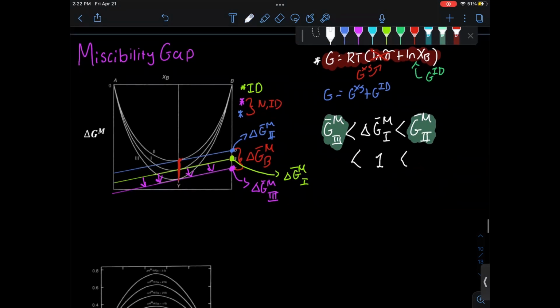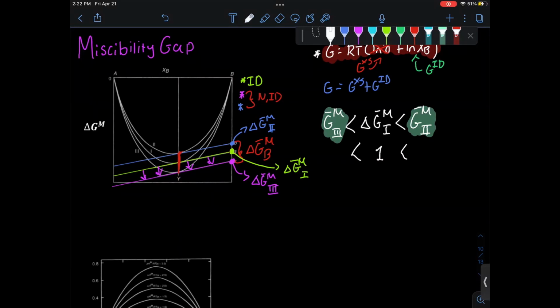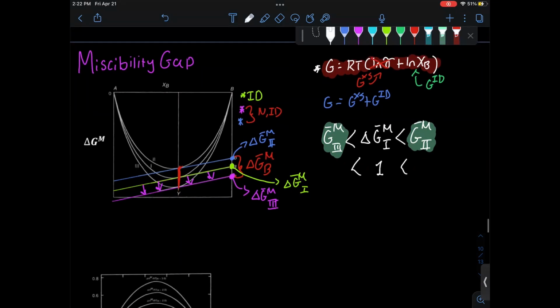We can see that since the Gibbs free energy of curve 3, the purple one, is less than the Gibbs free energy of the green one, the ideal, we know that our ln of gamma term is going to have to be negative. Now, how can we get this ln gamma to be negative? Well, we have an activity coefficient less than 1.